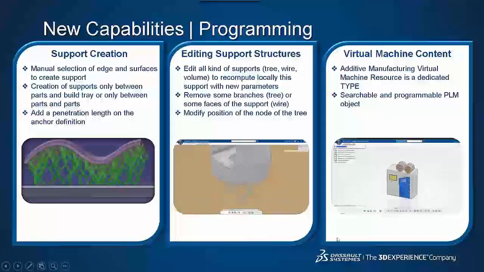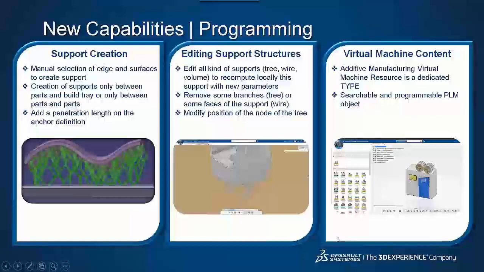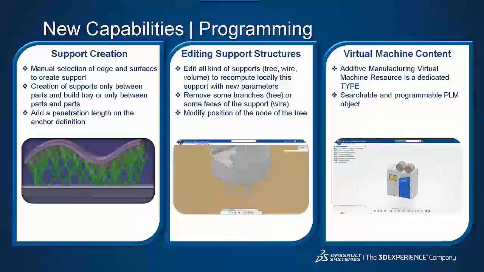So one of the main advantages of these process planning tools on the 3DEXPERIENCE platform is that the data related to a specific printer and/or a specific material set and printer can really be contained within what we call this additive manufacturing virtual machine.